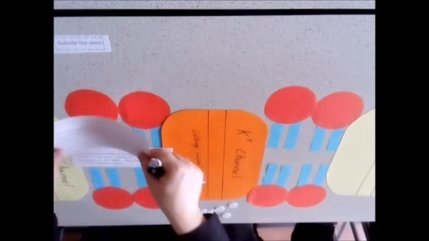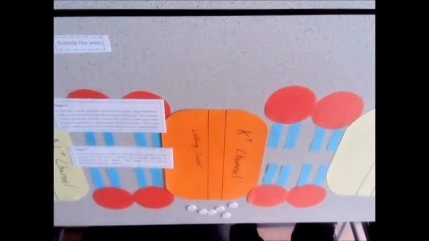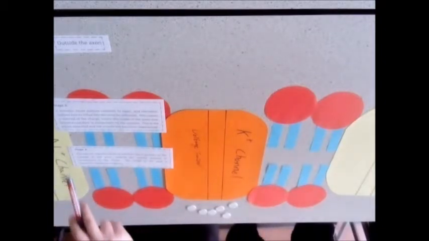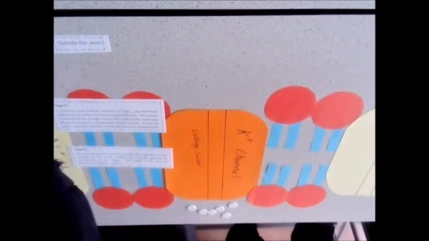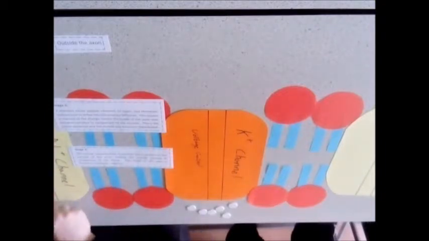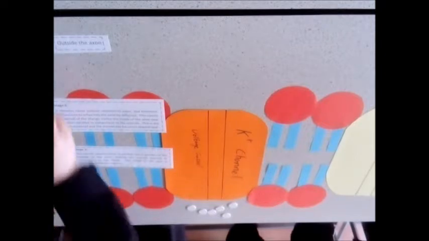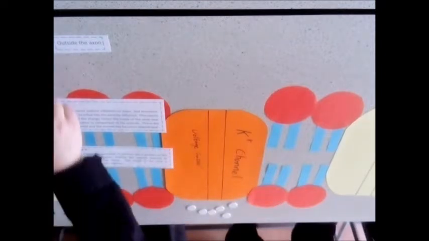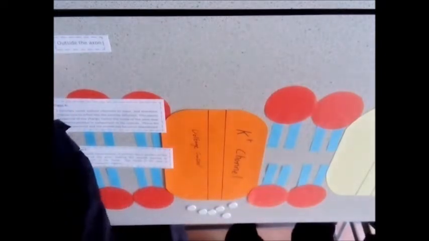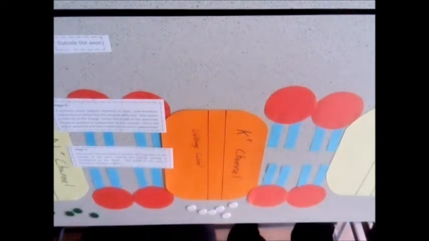The first real thing that happens in the propagation of an action potential is that a stimulus causes voltage-gated sodium channels to open up. Now these sodium ions can start to diffuse into the axon.